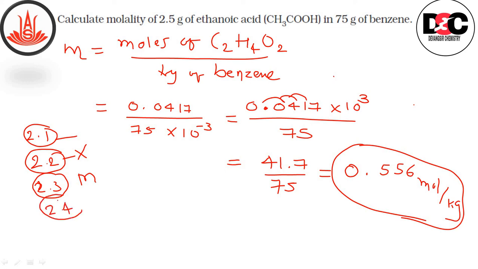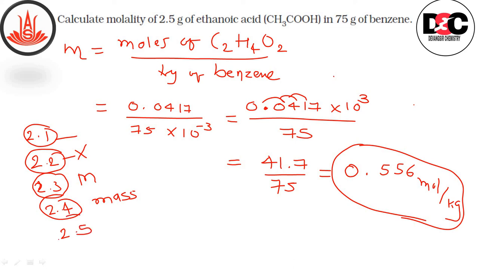2.4, calculate the mass of urea required for making 2.5 kg of the aqueous solution. Mass we have to find. Okay, and they have given the molality, so from that you can calculate it.